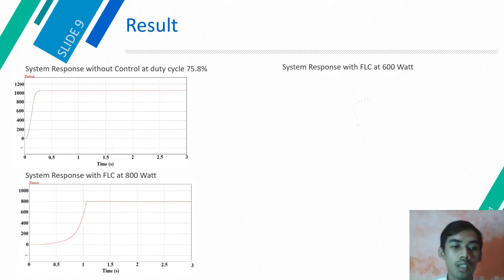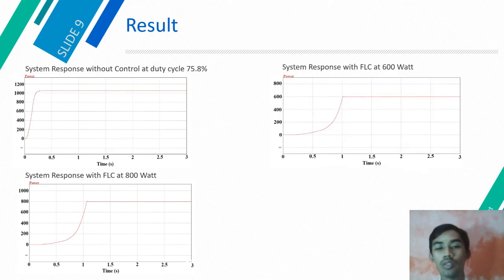The third one shows the system response using fuzzy logic control. It uses a set point of 600 watt. It can be seen that the power remains stable at 600 watt. The percentage of accuracy with set point 600 watt is 99.5%.